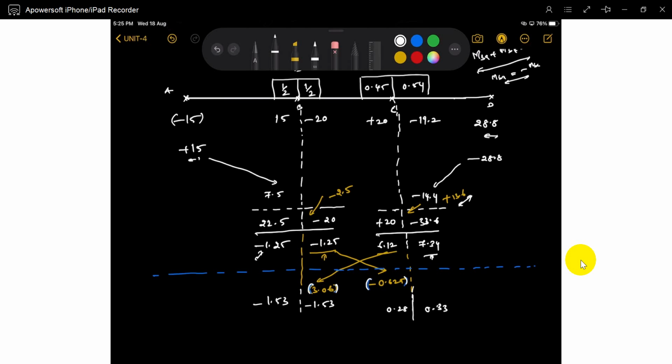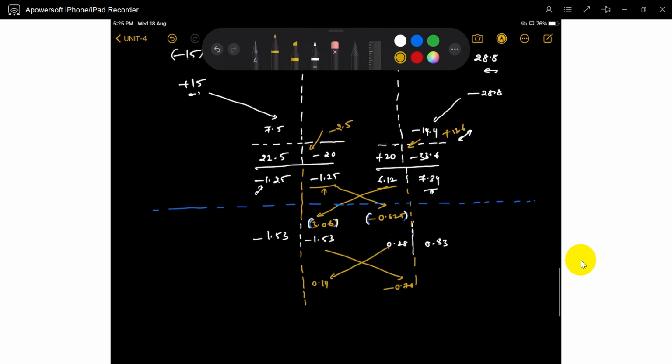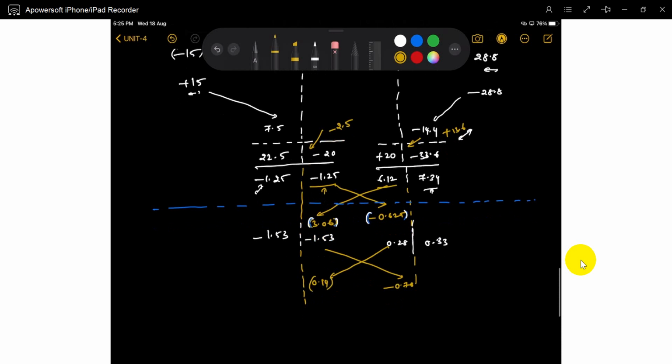Again over? No. Again not over, because again the carryover moment is forward. 1.53 divided by 2, so 0.76 will come. So again this minus 0.28, 0.14 will come. So again this is unbalanced. 0.14 is unbalanced.